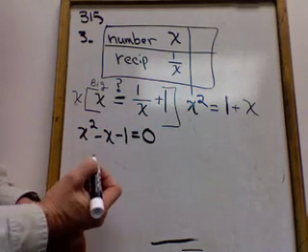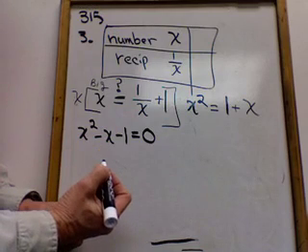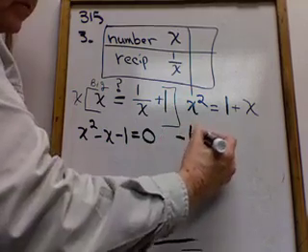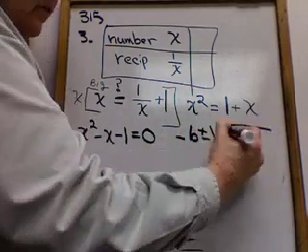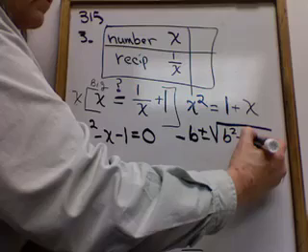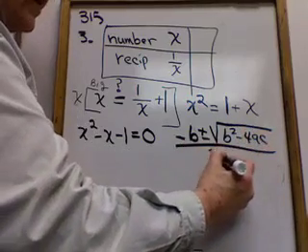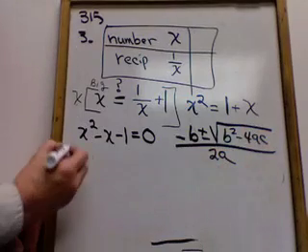Okay, in this section, we were solving by using the quadratic formula. So, minus b plus or minus the square root of b squared minus 4ac, all over 2a. You know how to use that, right?